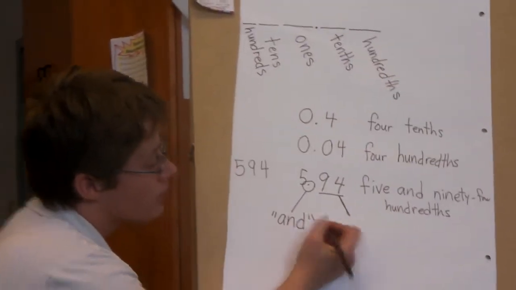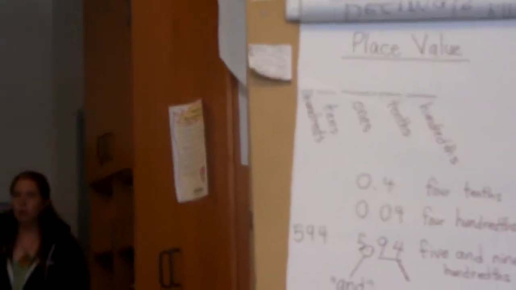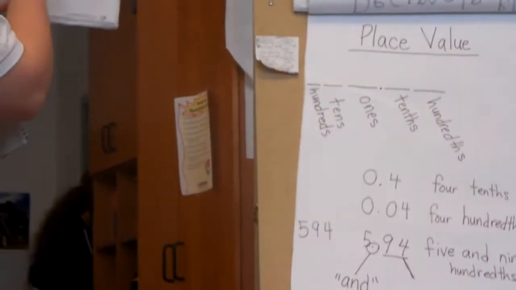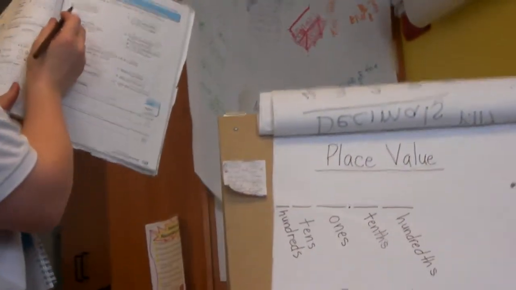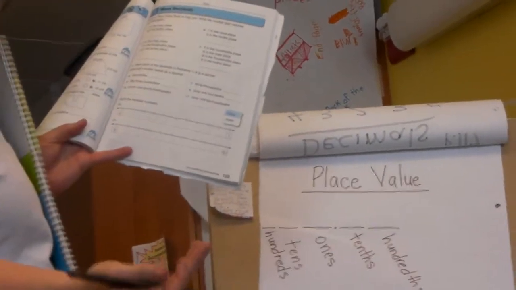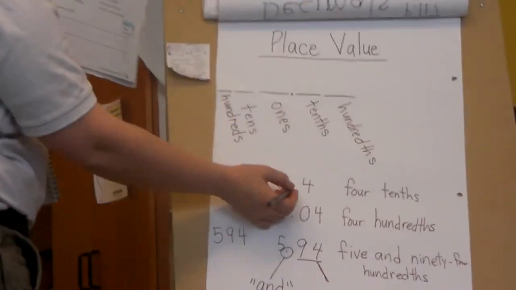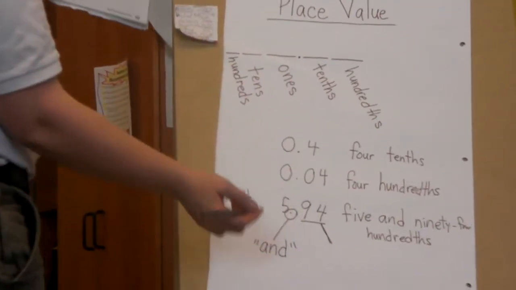Okay? Now, for your work today, you're going to need to practice. In your book, it'll say, put a number in the ones place, put a number in the tenths place, put a number in the hundredths place. You need to follow those directions. And remember, your decimal point always goes after the ones place.